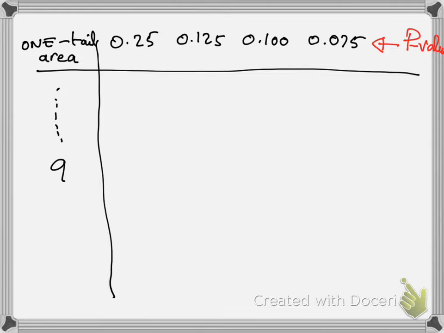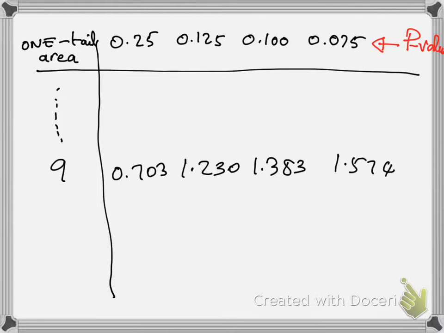And so you can see here the values, like 0.703, then 1.230, then 1.383, and then 1.574, okay? So these values here represent your critical value t x bar.